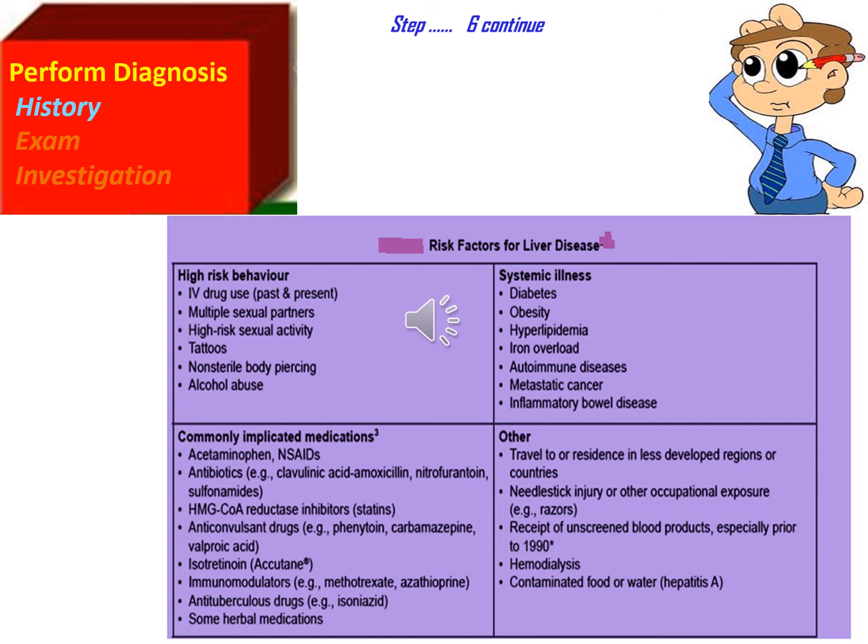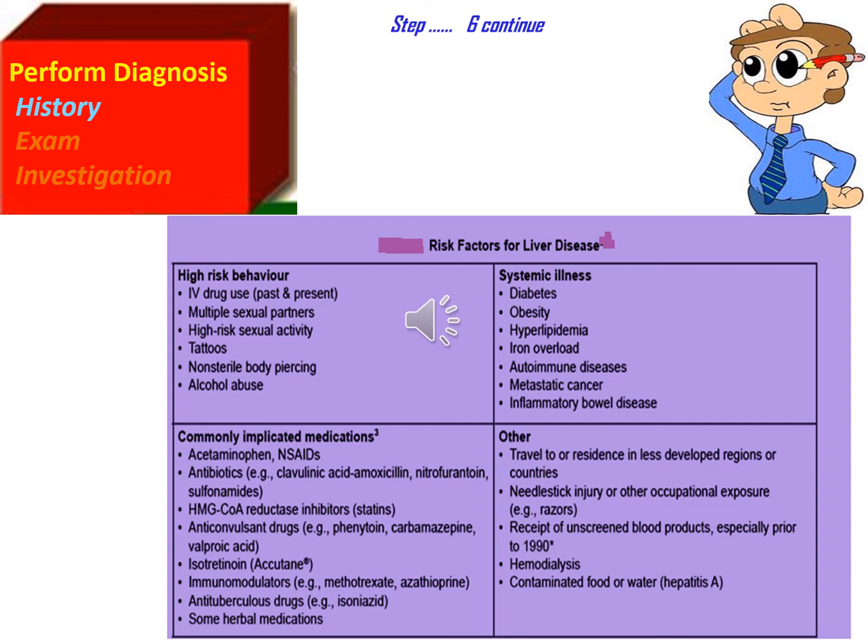In the history, you should stress on risk factors for liver disease, like high-risk behaviors, intravenous drug use in the past or present, multiple sexual partners, high-risk sexual activity, tattoos, non-sterile body piercing, alcohol abuse, commonly implicated medications like acetaminophen, NSAIDs, antibiotics, anticonvulsants, and so on.